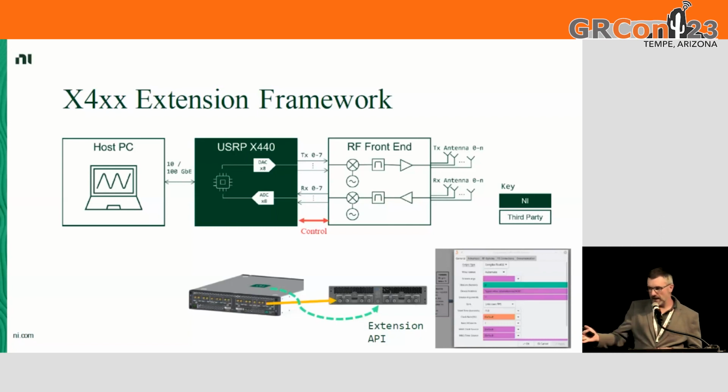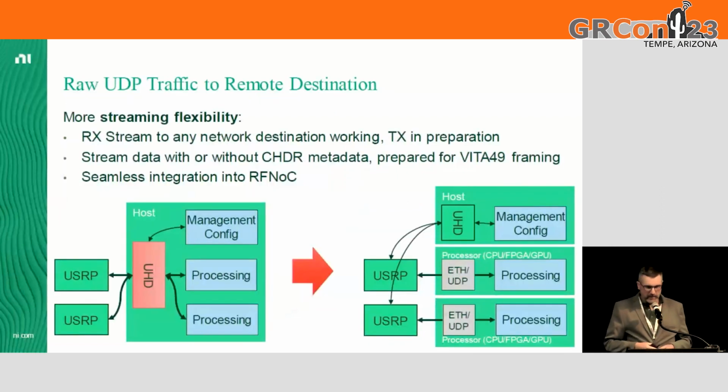So if you had a front end that went to millimeter wave and you say, I need, I don't know, 28 gigahertz or whatever center frequency, then it'll simply choose that center frequency for you, assuming that you have an appropriate plugin for this. And the other thing is the whole streaming problem.